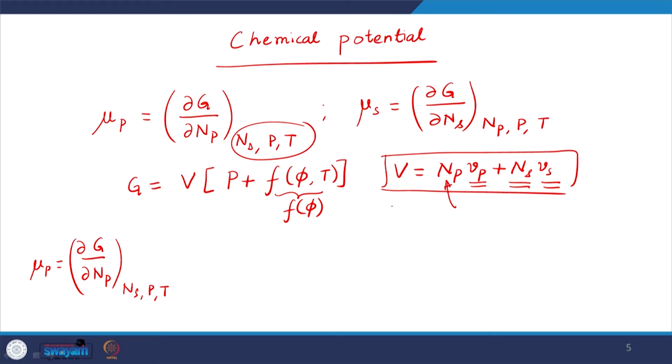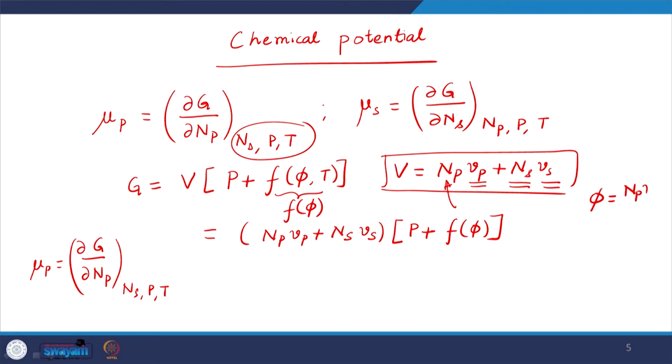So, we will put that form here. I can write my G as N_p V_p plus N_s V_s times P plus F, and now if I take that derivative, we still have to use the fact that phi will also change as volume will change, and this again we can write as N_p V_p divided by N_p V_p plus N_s V_s.